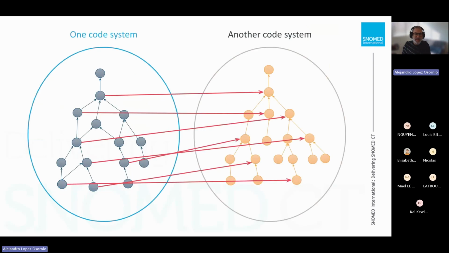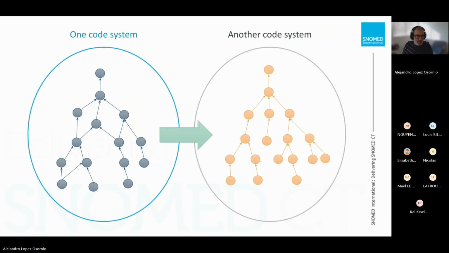So mapping basically involves connecting things from one code system to another code system to say this code is equal to this code or is related to this code, and this code is related to this other code. This is called mapping, and it has a direction. Usually you start from one code system and say, I will map to the other code system, which might be slightly different if you start from the other code system and map to the first one, because the levels of detail may not be the same.